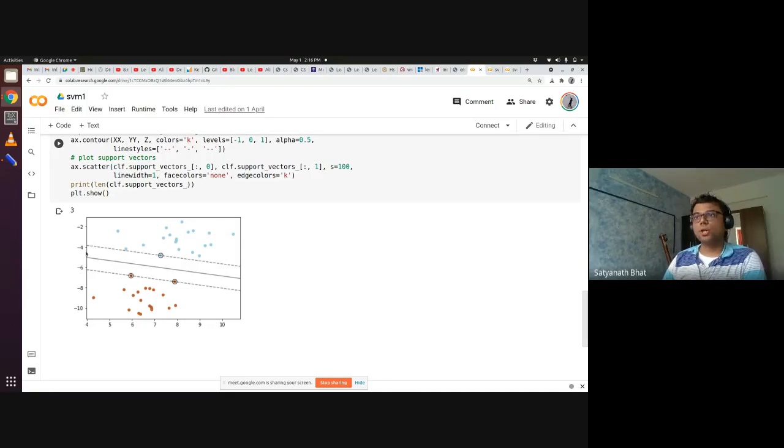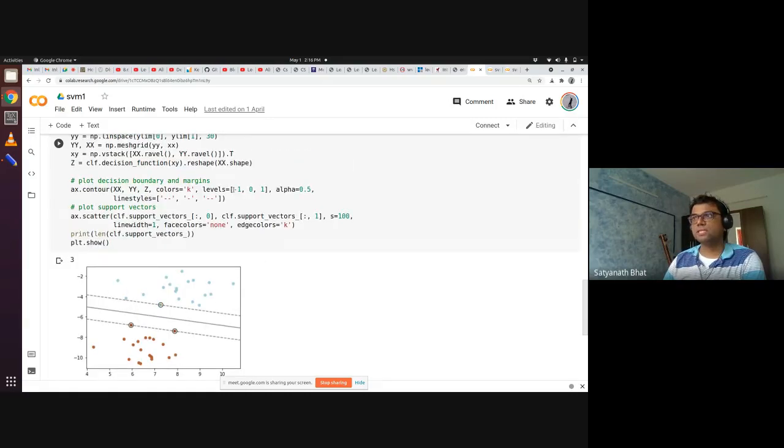You are only showing the value for three levels: 1, 0 and -1. W transpose X plus b equal to 0 is this line. That is the reason why you see some of this code.